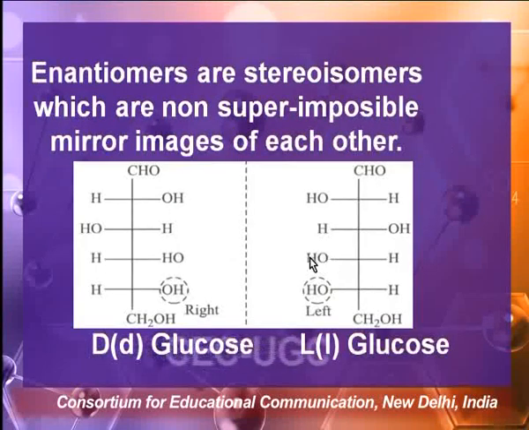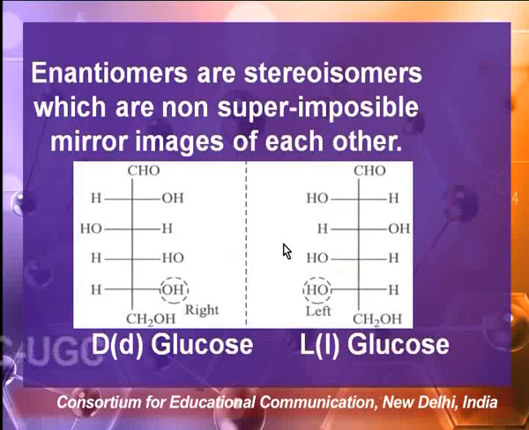So we know that when we talk of enantiomers, what are enantiomers? Enantiomers are stereoisomers which are non-superimposable mirror images of each other, which you can see here, that is D-glucose, capital D-glucose, and capital L-glucose.